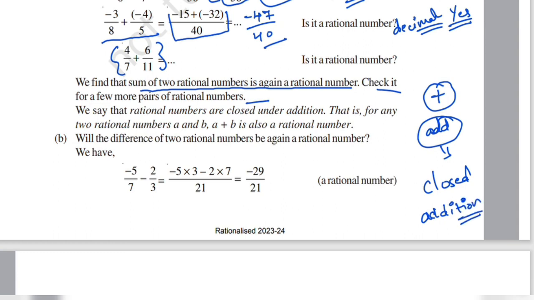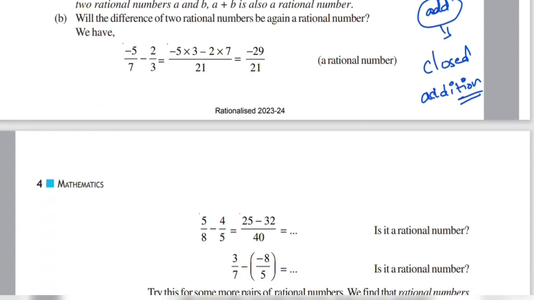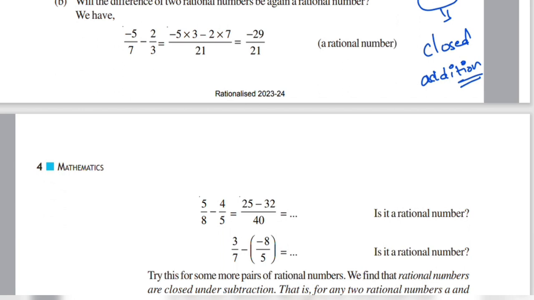Okay, now what about difference? Whenever you subtract two rational numbers, will it give you a rational number? Let's check. These are two rational numbers, minus 7 by 5 and minus 2 by 3. When you solve this equation, you get the result minus 29 by 2. When you solve this, you get the answer in the form of a decimal number. So is this a rational number?